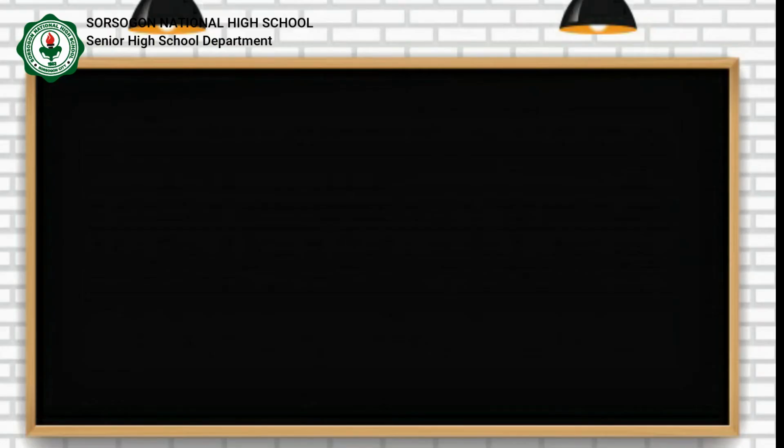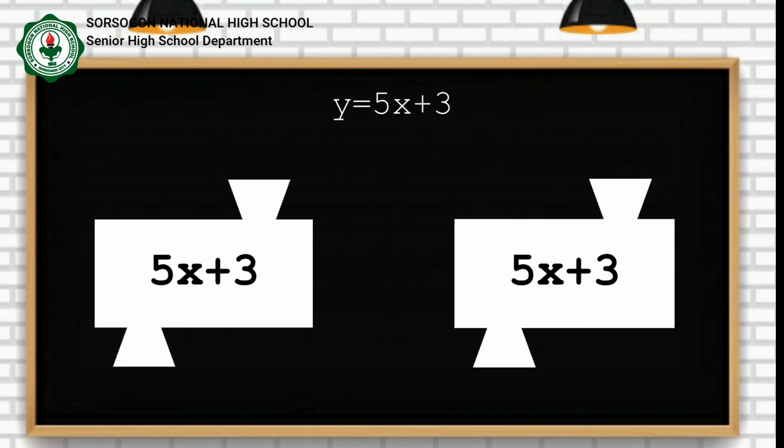Let us take the function y is equal to 5x plus 3 as an example. As you can see from this diagram, any real number input denoted by A can be processed inside the machine. The output would be 5A plus 3. If the input is 3, after processing, the output would be 18.